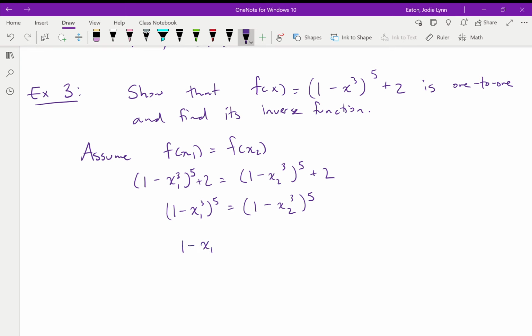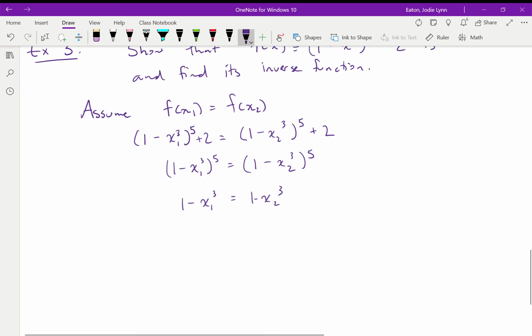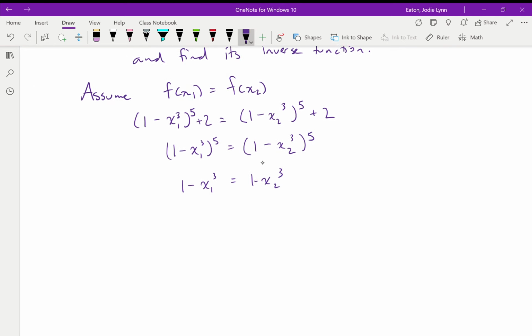So 1 minus x1 cubed equals 1 minus x2 cubed. Okay, we can now subtract 1 and multiply by -1, so we get x1 cubed is x2 cubed. We can take the cube root of both sides, and again, cube root doesn't leave us with a plus or a minus. There are no options. There's only one solution for a cube root. So we get x1 equals x2.